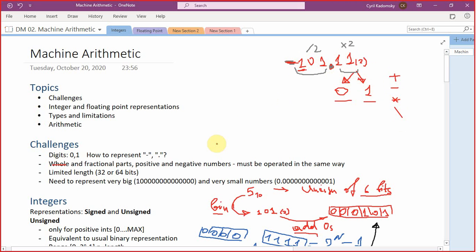So that was the second challenge: how to make this encoding efficient to express all operations with very simple algorithms.